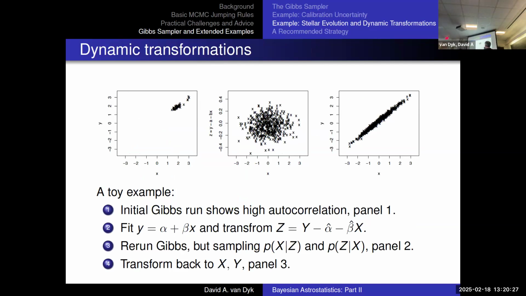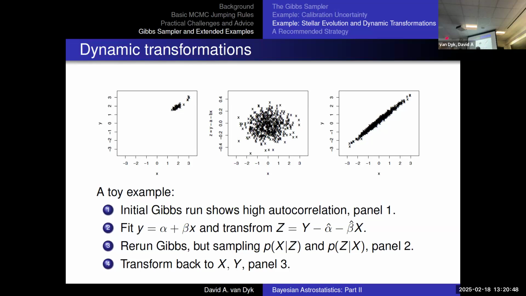So I was talking about this earlier, right? I have this highly correlated posterior distribution, and I run it for a little while, but because it's so highly correlated, I don't move very far. I can't learn about the whole posterior distribution from this little sample, but I can learn something about just the slope.